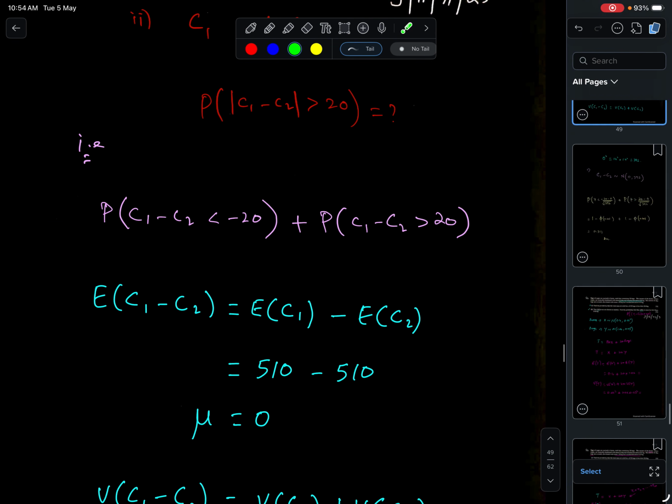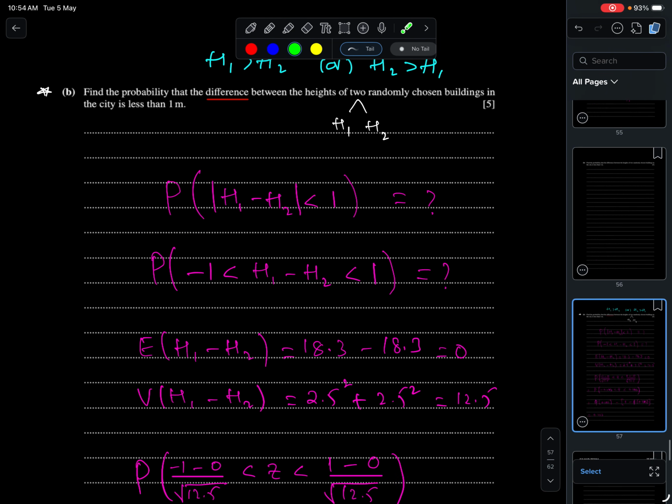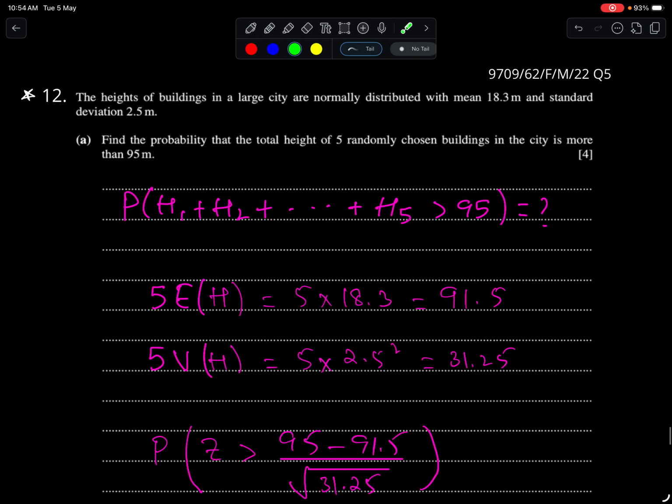Now this question is very important. Let me discuss the whole question. The heights of buildings in a large city are normally distributed with mean 18.3 and standard deviation 2.5. So H is normally distributed, mean 18.3, variance 2.5 squared. Find the probability that the total height of 5 randomly chosen buildings in this city is more than 95.